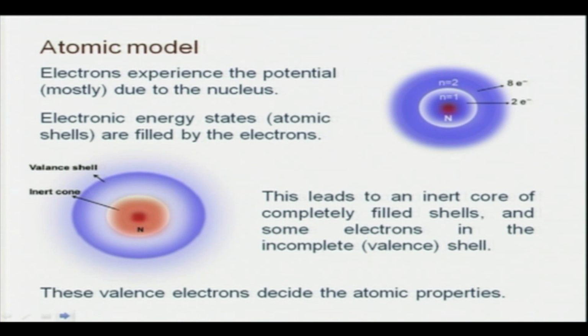And the chemical properties of the atom are by and large dictated by the valence electrons, the electrons in the valence shell. The electrons in the core do not really bother about chemical interactions, chemical reactions. That is a kind of atomic picture.